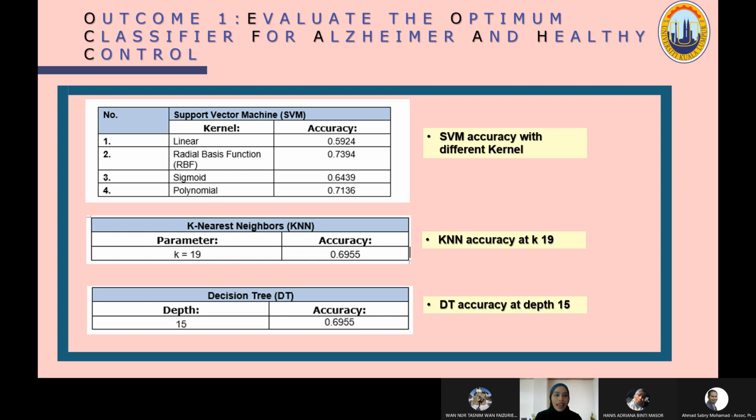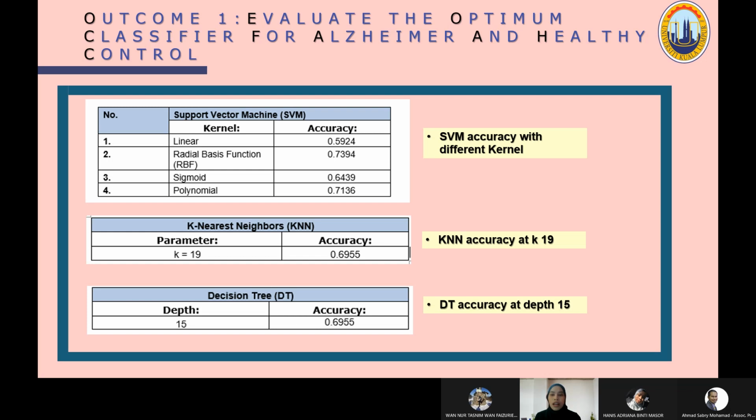This is my outcome for results and analysis. My outcome is to evaluate the optimum classifier for Alzheimer's and healthy control. The table displays the accuracy of the main types of machine learning classifiers or algorithms such as SVM, KNN and decision tree. As you can see, linear achieves an accuracy of 0.5924 in SVM.